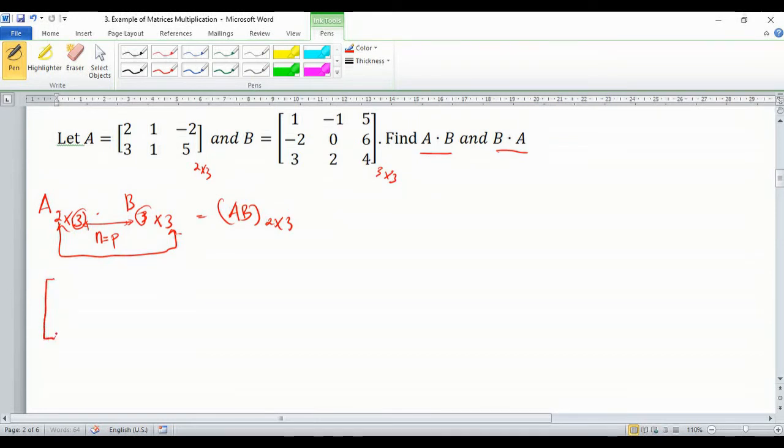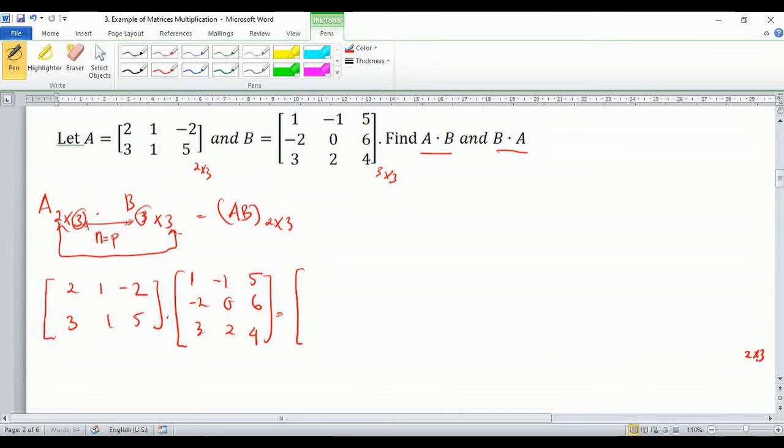Matrix A, 2, 1, -2, 3, 1, 5, times matrix B, 1, -1, 5, -2, 0, 6, 3, 2, 4. This will have 2 by 3 dimension, right? Now, let me change the color first.